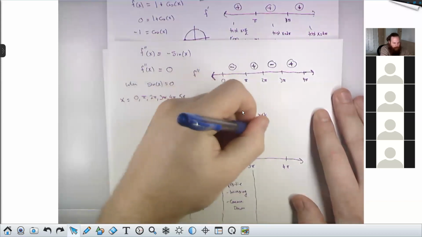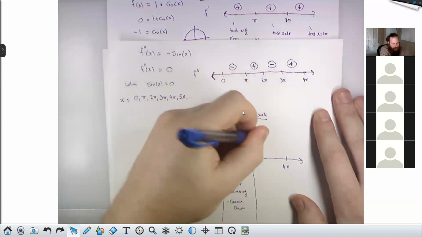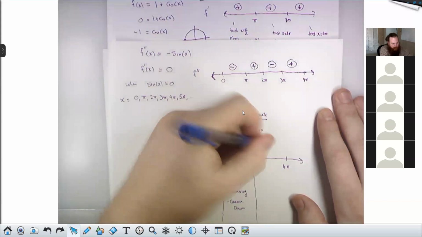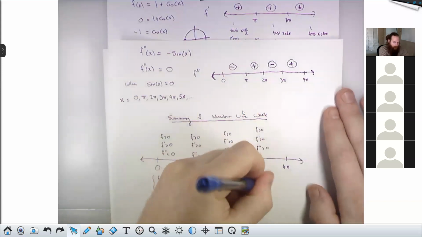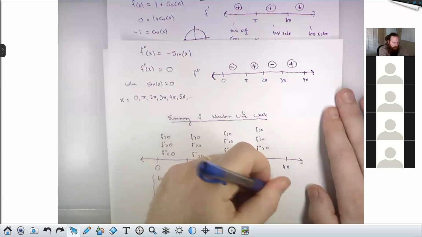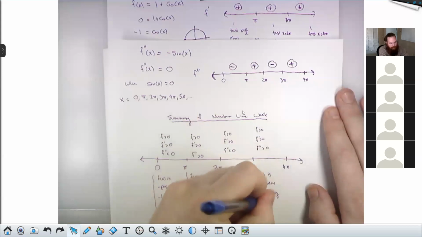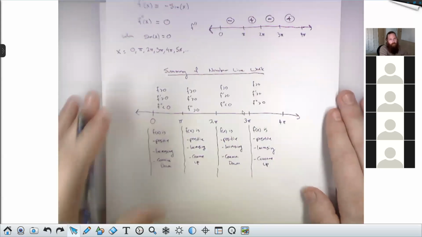Between 3 pi and 4 pi, f is positive, f prime is positive, and f double prime goes back to being positive. So f of x is positive, increasing, and back to concave up. So the question then is, well, what's going on?